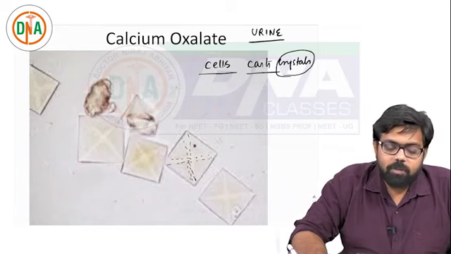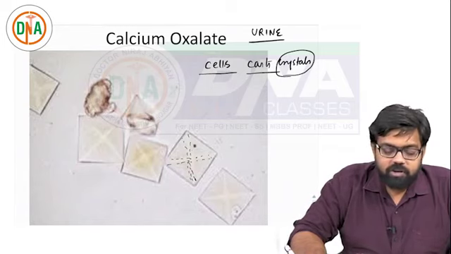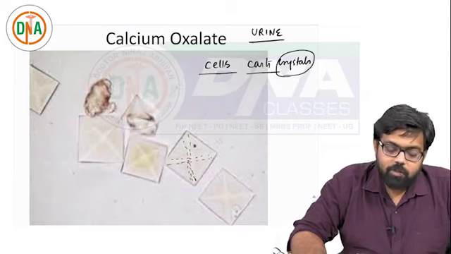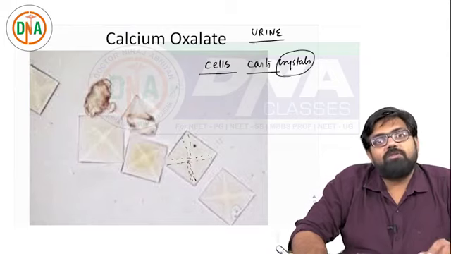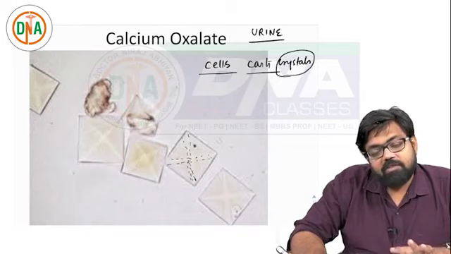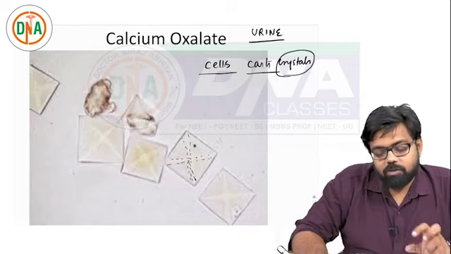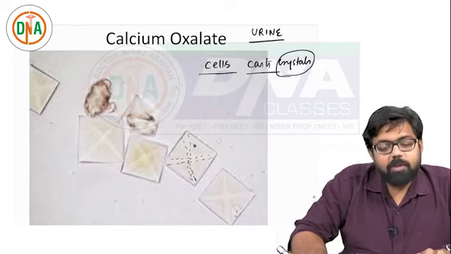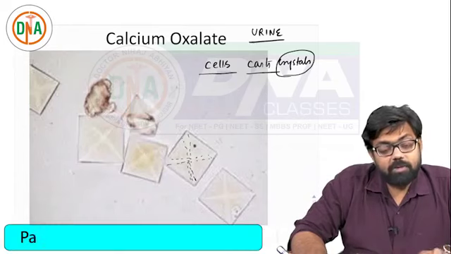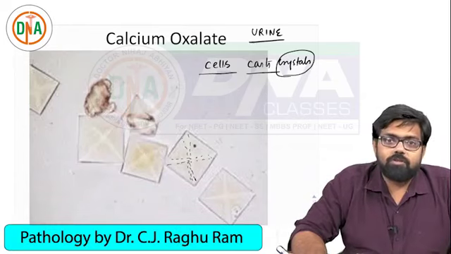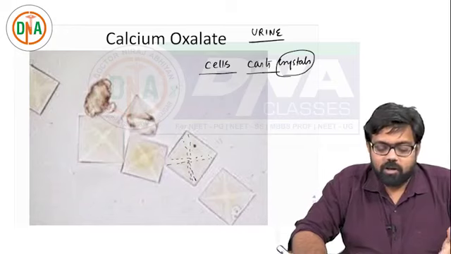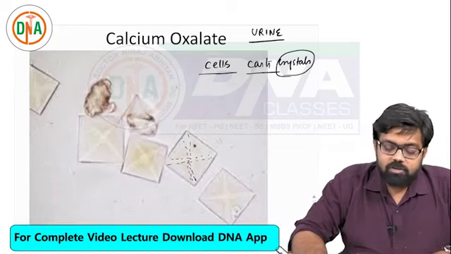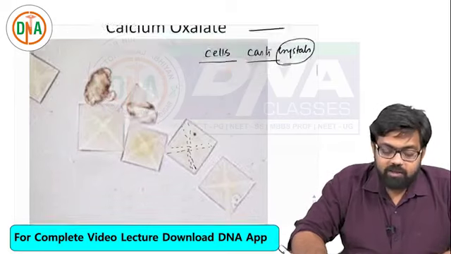This is one of the causes where you come across calcium oxalate crystals, or more intake of calcium can also cause them. What is the shape of the crystal? The envelope shape. You may directly come across an MCQ giving a picture of this crystal and asking which stone the person may be having or what is the composition of the crystal. So envelope shape is generally seen in calcium oxalate.